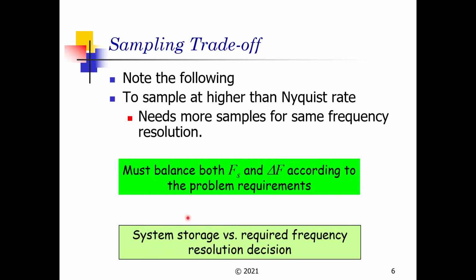This is important because if you're dealing with systems that have very limited memory, you'll have to pay attention to how many actual samples you can use and what the actual frequency resolution is going to be, which affects the accuracy of your signal representation.